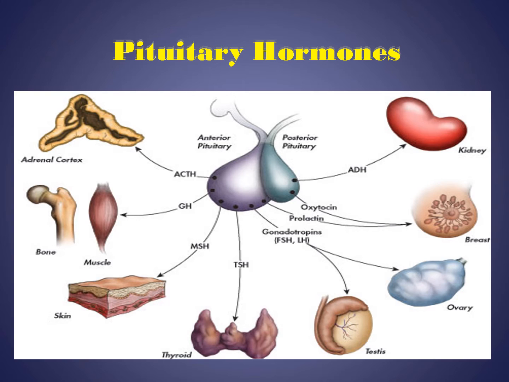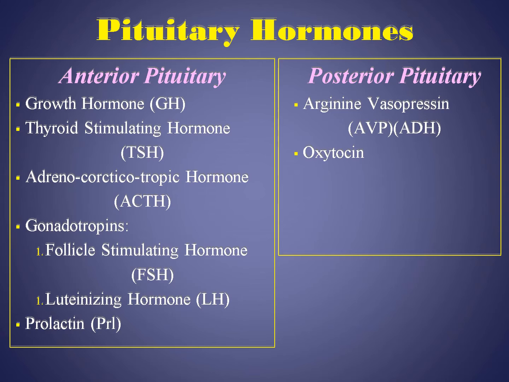So it's not a true gland, and now we will discuss how it's not a true gland. Regarding pituitary hormones secreted from the anterior lobe and posterior lobe, we have many hormones that make the pituitary gland very important in our life. You have to know which hormones arise from the anterior lobe and which arise from the posterior lobe, and don't be confused between them. For the anterior lobe, we have growth hormone, thyroid stimulating hormone, adrenocorticotropic hormone, which is ACTH, and gonadotropins, which are FSH, follicle stimulating hormone, and LH, luteinizing hormone, and we have the hormone prolactin.